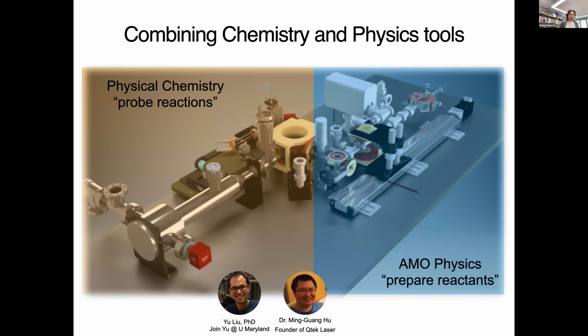I was joined by excellent PhD students and postdocs listed over here, who are now moving on to their own careers, to build such an apparatus where, on the one hand, we had the AMO techniques to prepare these reactants in a very specific quantum state, and on the other hand, had the more general physical chemistry tool sets to probe the reactions.